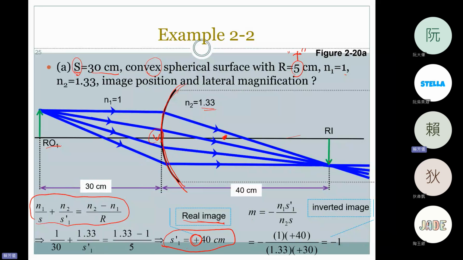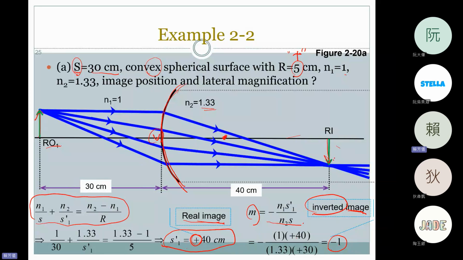And for the lateral magnification, we use this equation. Replacing the numbers inside, you get m equals -1. The m of -1 means the image is inverted relative to the object, because the object is upward, so the image will be downward.